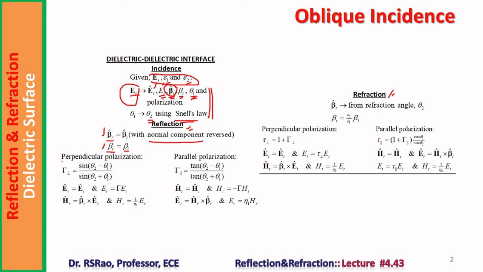Now, first we consider a perpendicularly polarized wave. Let us suppose the incident wave is perpendicularly polarized. Now we have to find the reflection quotient using this relation, sin(theta 2 minus theta 1) by sin(theta 2 plus theta 1). Theta 2 is the angle of refraction, theta 1 is the angle of incidence. Once the reflection quotient is known, the direction of the electric vector in the reflected wave is obtained from the direction of the electric vector in the incident wave.